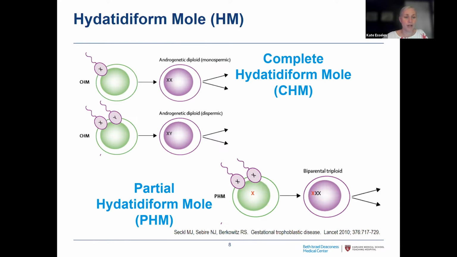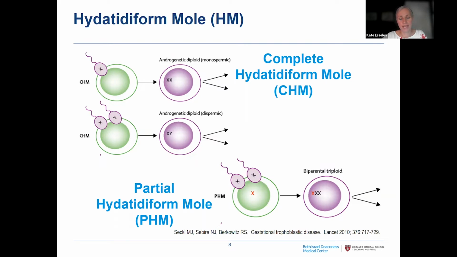More common, we think, is the single sperm that then duplicates itself and becomes two chromosomes. So you can see there that these are the 2 sort of events that could occur to create a complete molar pregnancy. And just to emphasize again, it's all paternal DNA in these complete molar pregnancies. There is some mitochondrial DNA, which we won't get into the details of here, but that is still maternal because it is the maternal ovum.